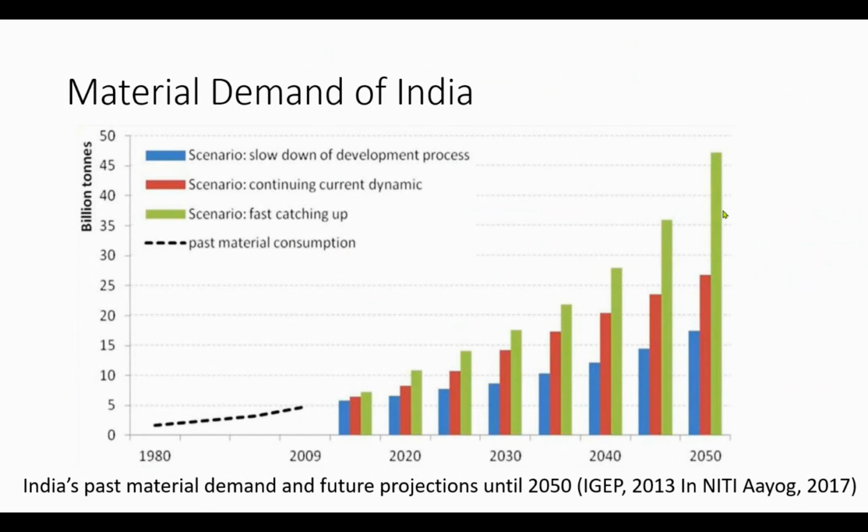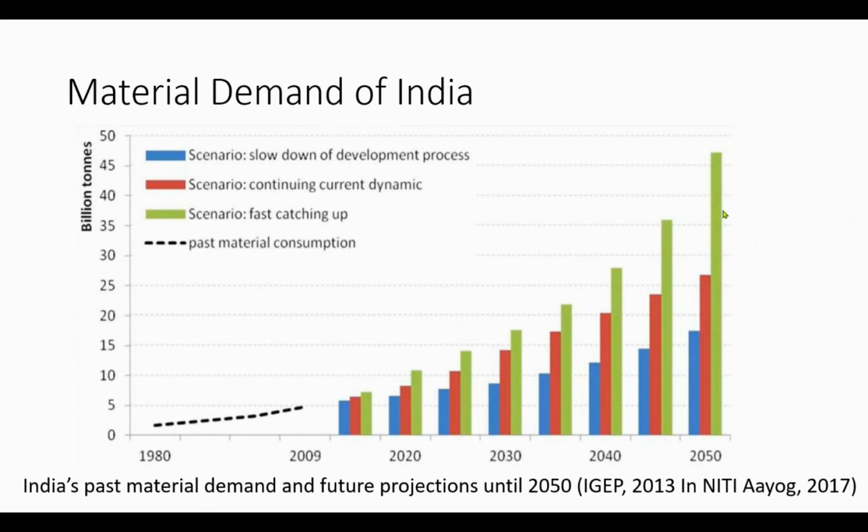Okay, this is very simple. Material demand is increasing. I didn't mention which type of material. I have just mentioned material demand, which means different types of material demand increase, so different types of waste generation will be there.